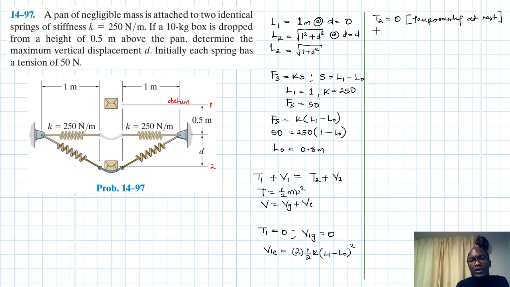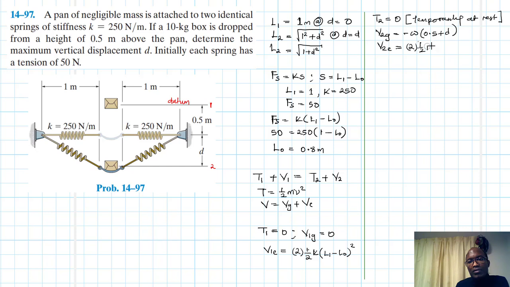So T2 is 0. And V2G will be minus W times 0.5 plus D.